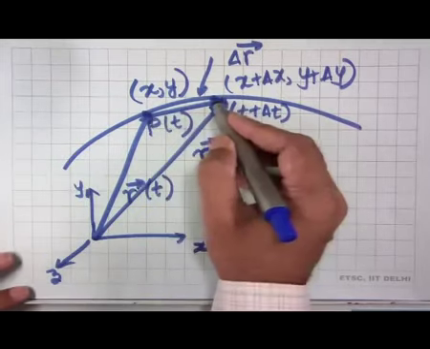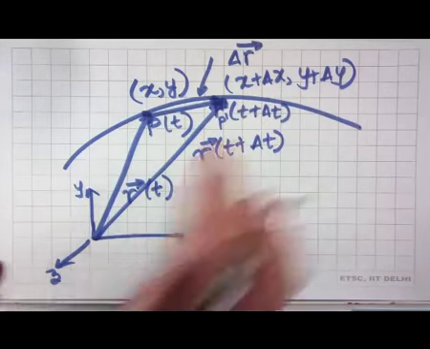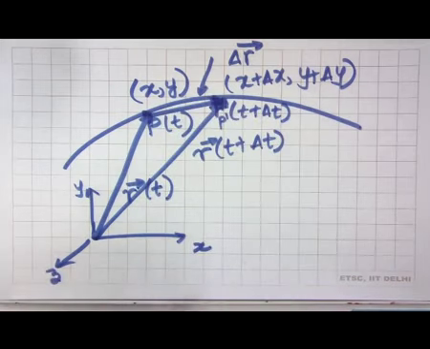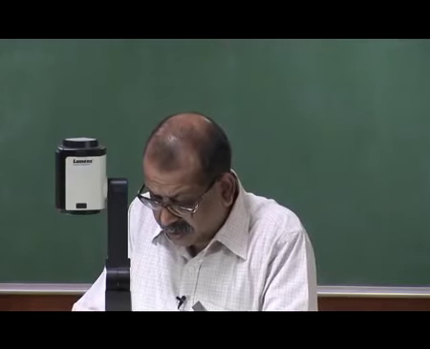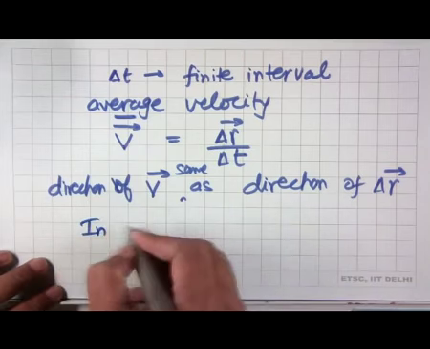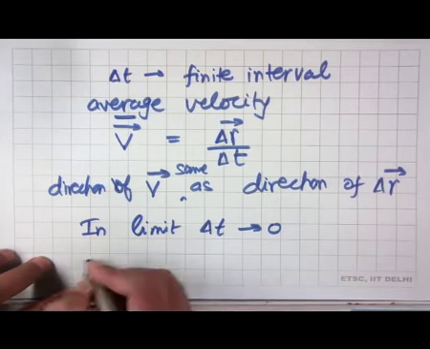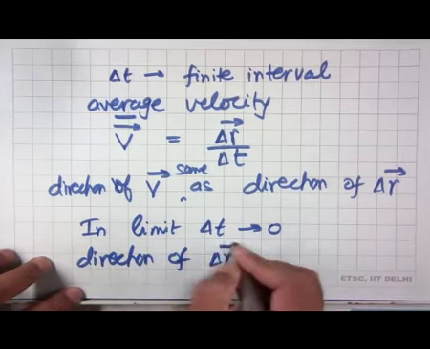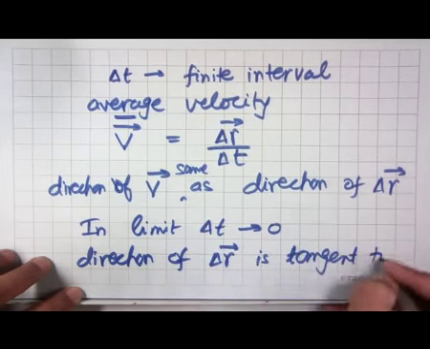So, velocity will be in the direction of delta r, and in the limit delta t goes to 0, this direction will become tangent to the path. So, let us write this down, that in the limit the direction of delta r is tangent to the path.